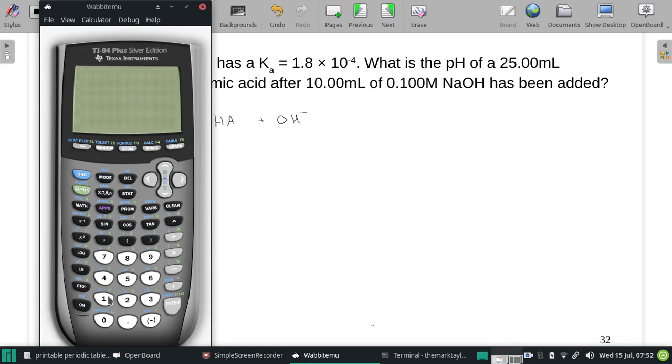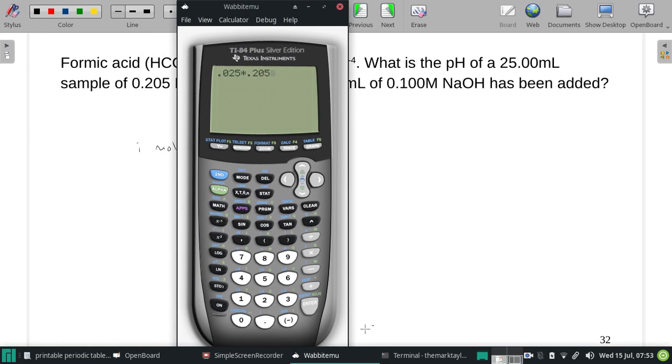There we go. So 0.025 times the 0.205 for the molarity tells me that my initial amount of moles of HA is 0.005125.